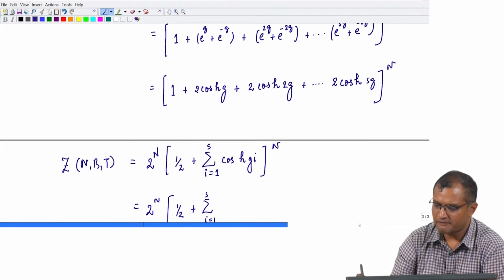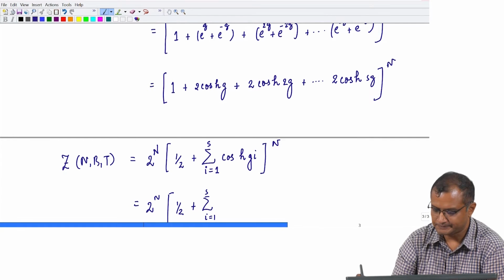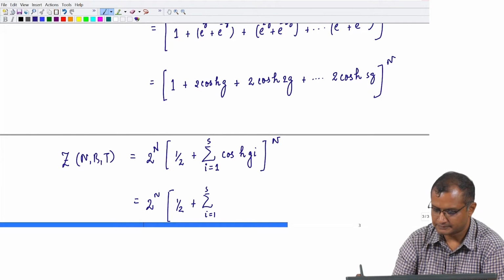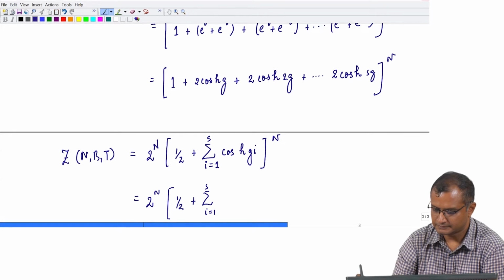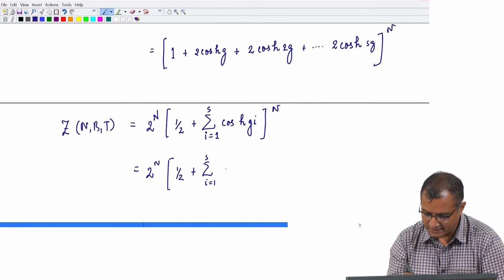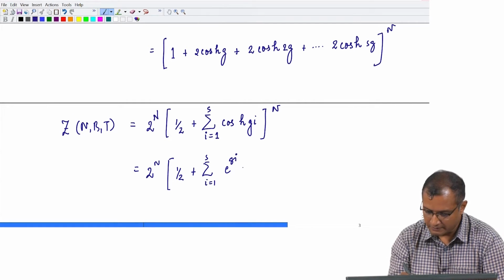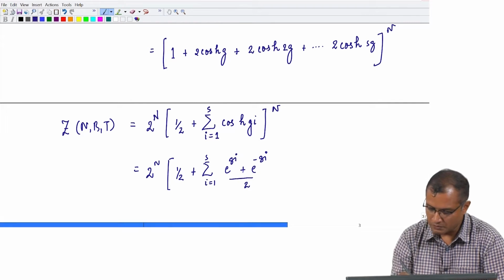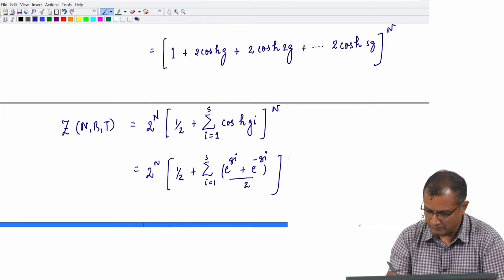So, I can write cosine hyperbolic g i as e to the power g i plus e to the power minus g i over 2. Okay.